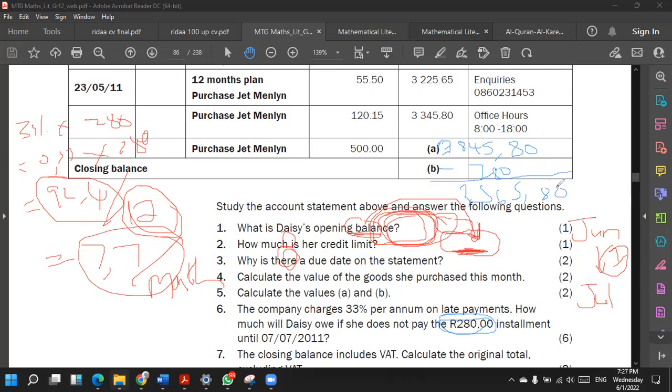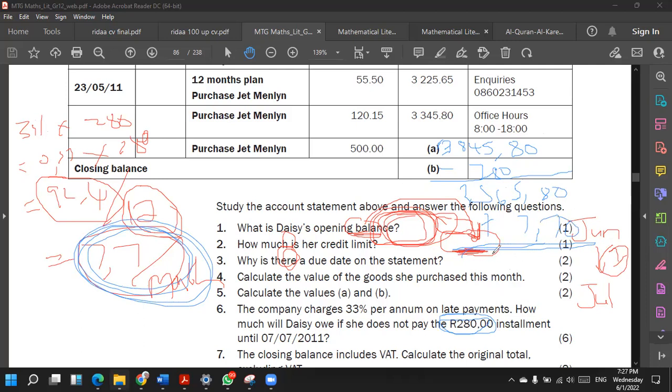But now, if she doesn't pay 280, how much are they going to add for that 1 month? They're going to add 7,7.